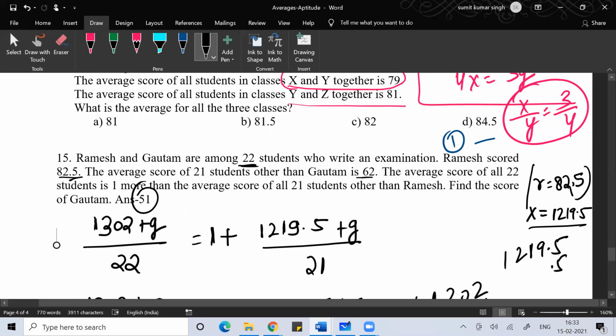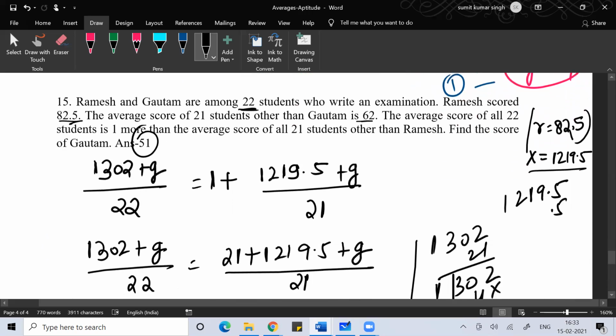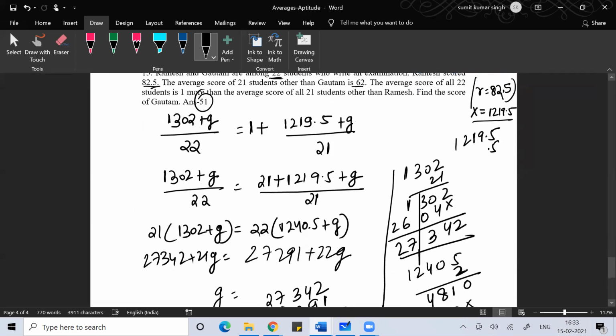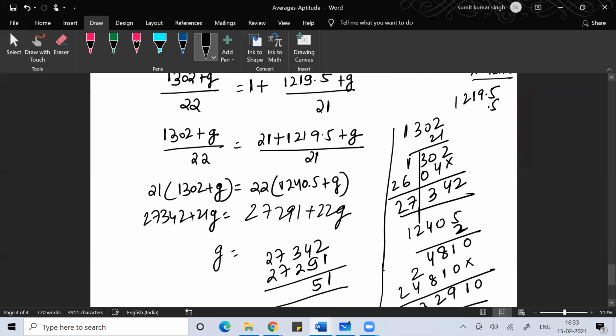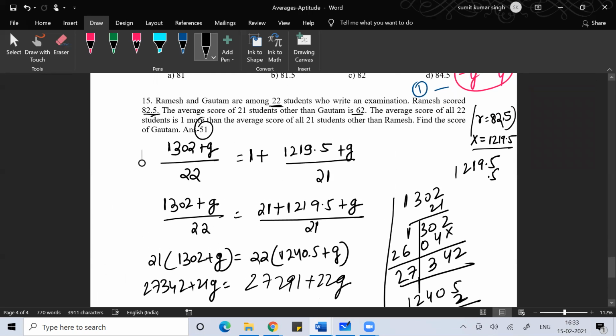So just like this, you solve this, you will get the answer. Anyone, any doubt? Basic concept. This question was a little bit calculative in nature, but it was not difficult for us to do. We could easily do this.